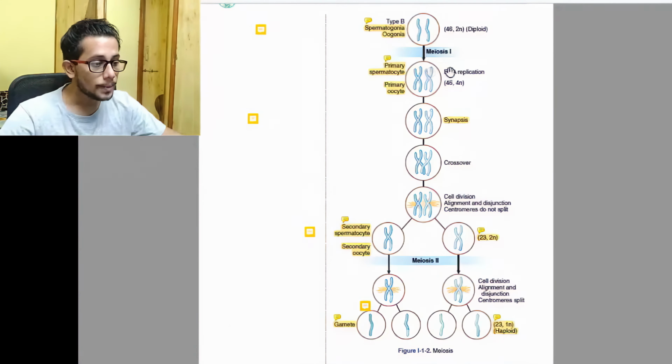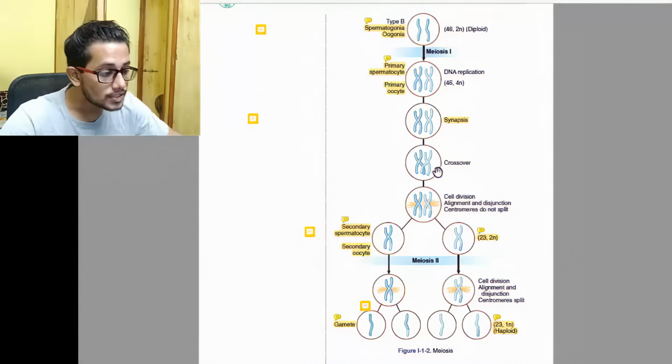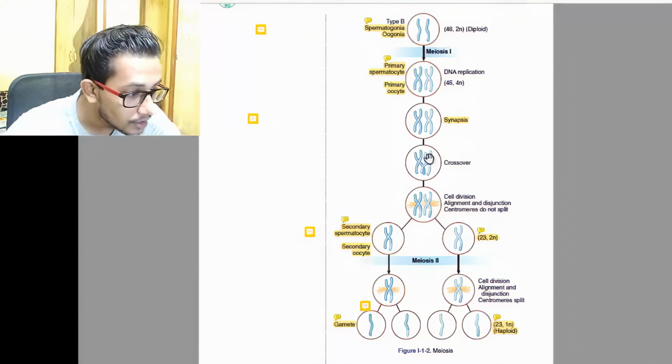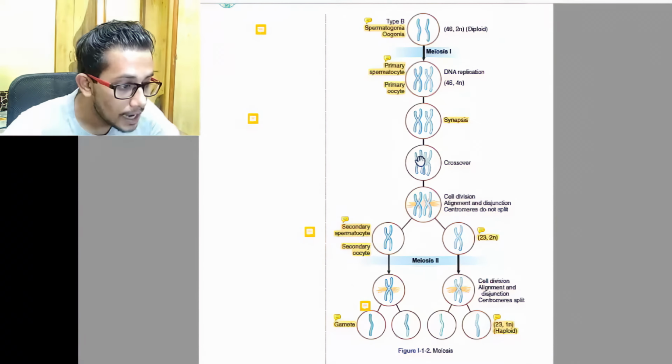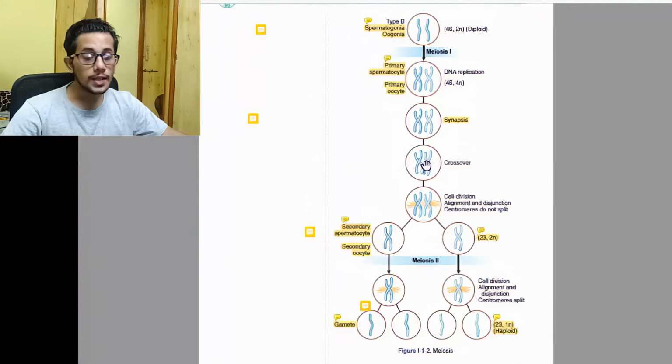So after replicating the DNA, we go through the process of synapsis and crossover. As you can notice the difference here, the dark blue one and the light blue one cross over, they mix their DNA and they produce 2 different secondary spermatocytes or secondary oocytes.